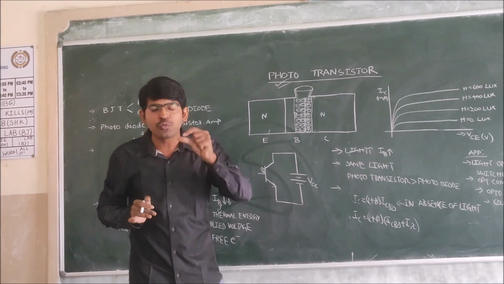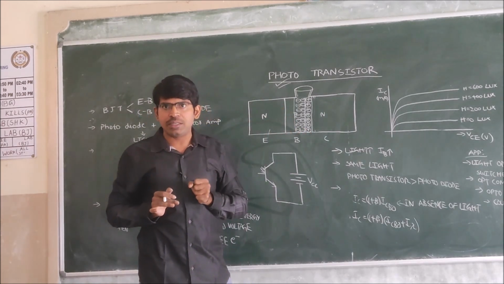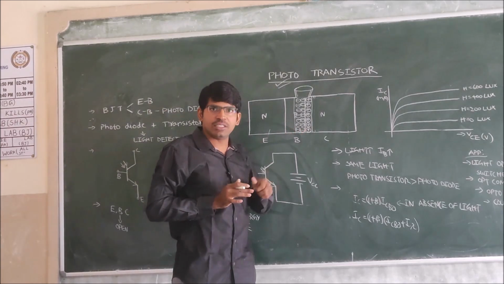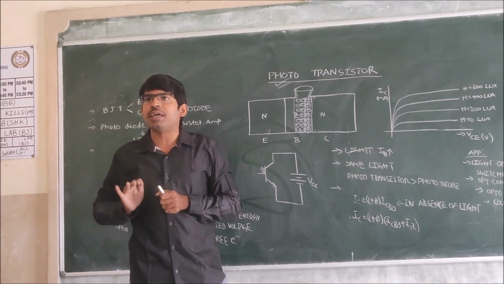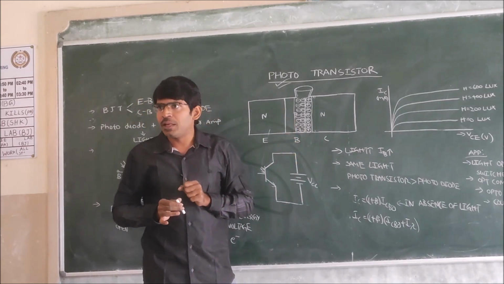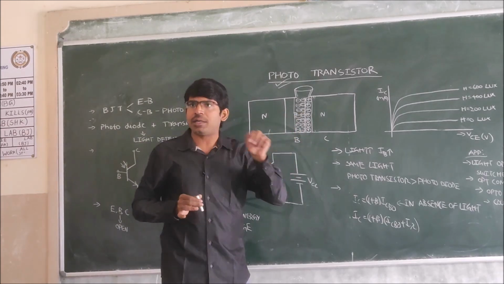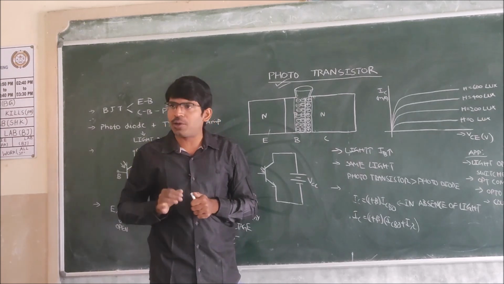In the photodiode we discussed this depletion region. Because there are no free charge carriers, only immobile ions, this acts like an insulator. That is the normal depletion region of any PN junction diode.